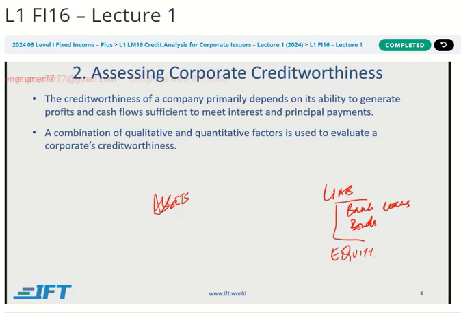So whatever these liabilities are, do they have enough assets or enough ability to generate profits and cash based on those assets to be able to not only pay back the principal but also meet the interest requirement on these liabilities, right? Equity, of course, will be paid after the liabilities have been settled. So liabilities are senior to equity, but within liabilities you have different levels of seniority. So that is what we're going to look at.